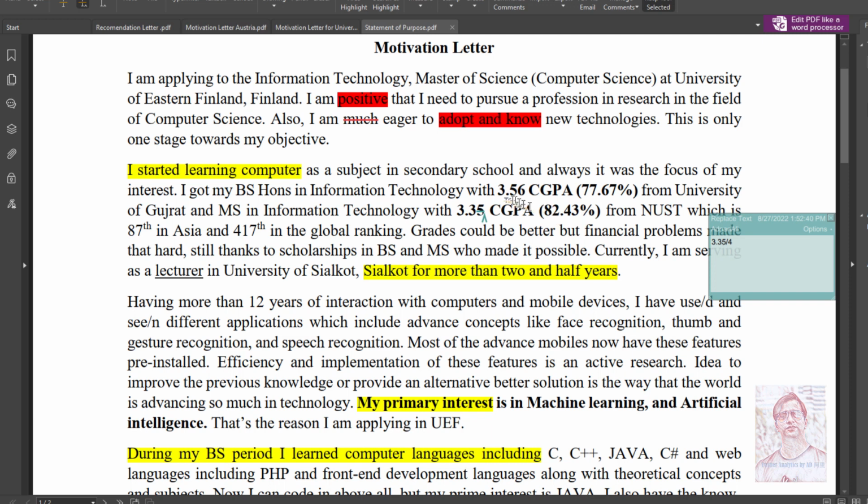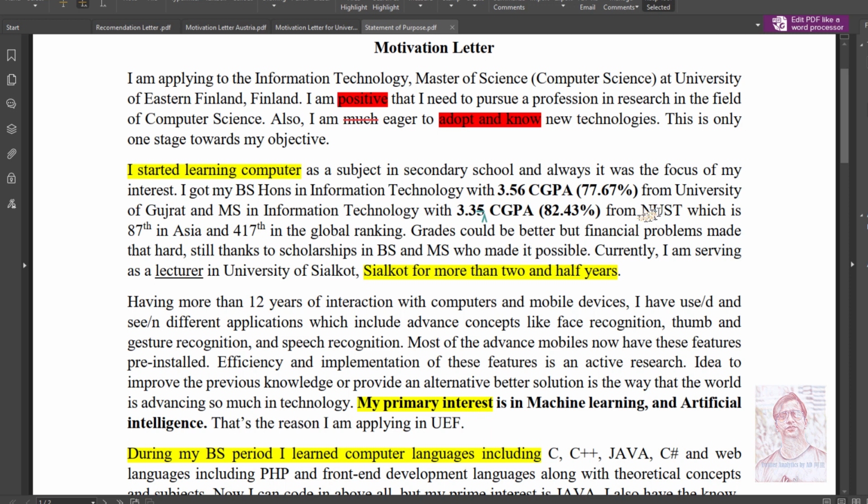Why? Because you can see the difference. Here it is 3.56 but the percentage is 77, and here it is 3.35 but the percentage is 82. So that's why I thought I should mention the percentages too. Furthermore, I mentioned my undergraduate university and also my master's university.